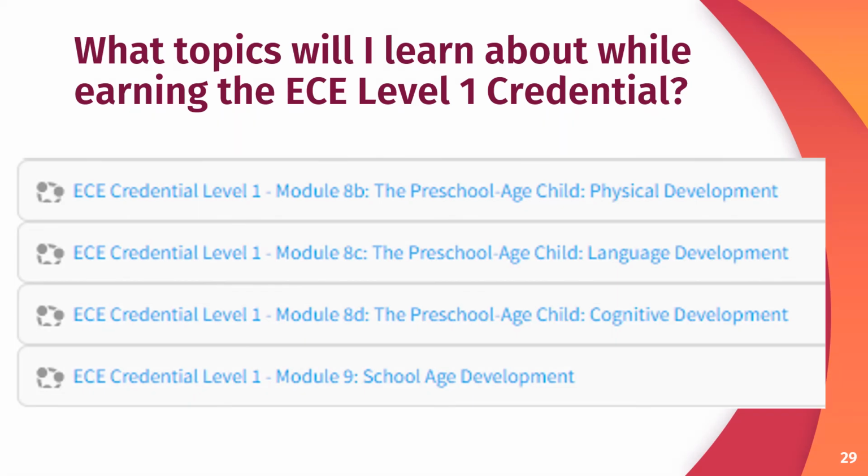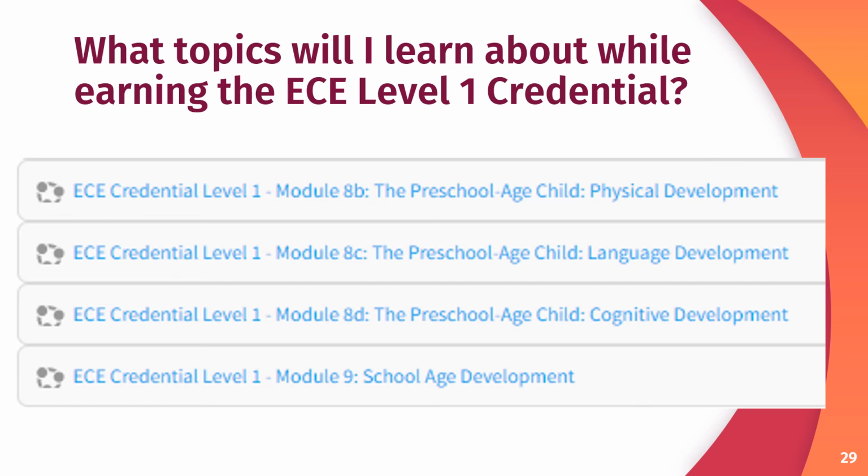Module 8B, the preschool age child, physical development. We're going to learn about physical development, just how kids develop muscle skills, fine muscle skills, large muscle skills, etc. Then we will do 8C, learn about the language development, just how do children learn to talk? How do children learn to listen? We're going to learn what we can do to promote children's language development.